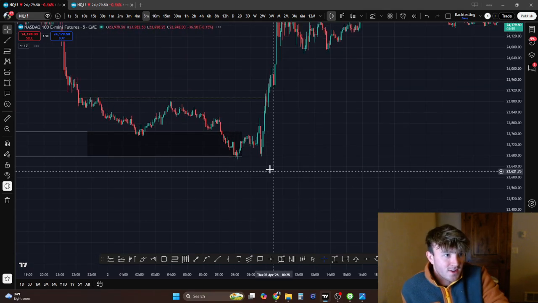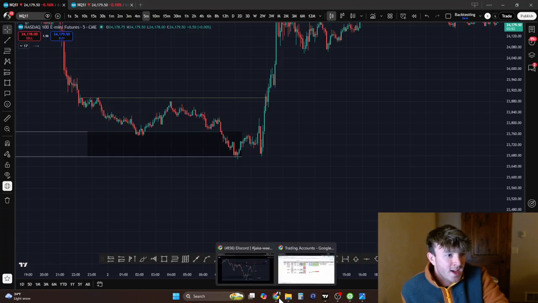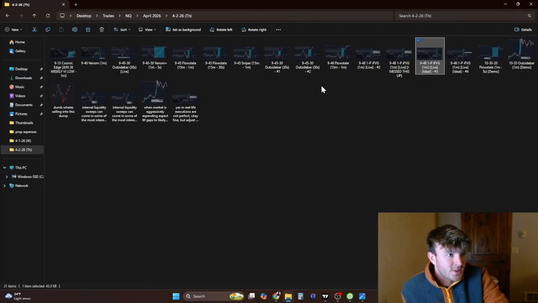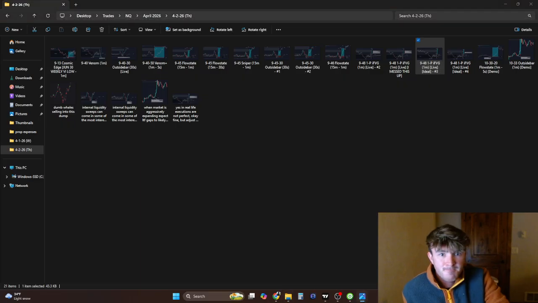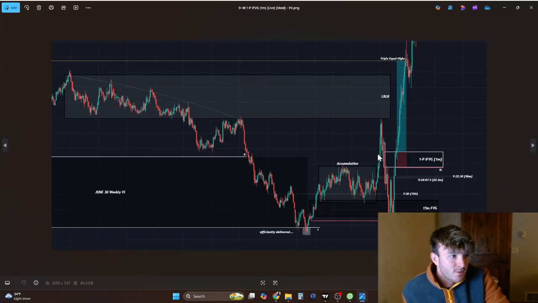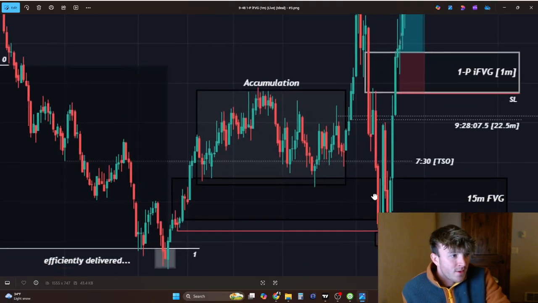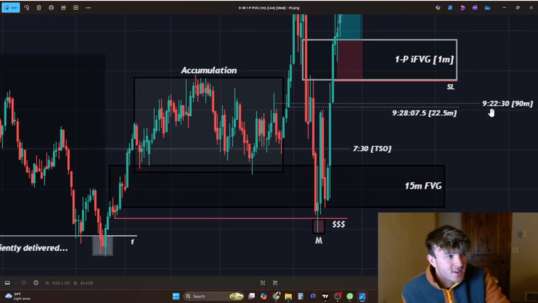Back to what I was saying. So the 15-minute gap gets delivered efficiently. This is kind of cool. Check this out, right? We come down, use this 15-minute gap. We get a 1 minute change in state of delivery here.